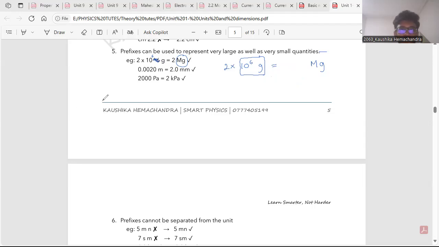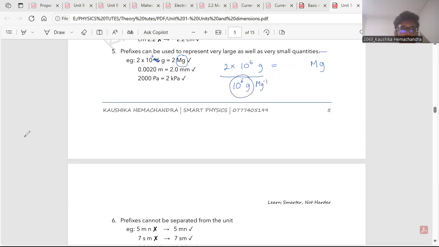So the easiest method to convert a value using a multiple or submultiple would be to divide it by that value. 10 to the power 6 grams per megagram, no?